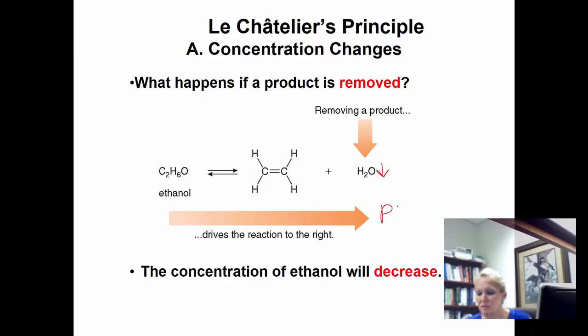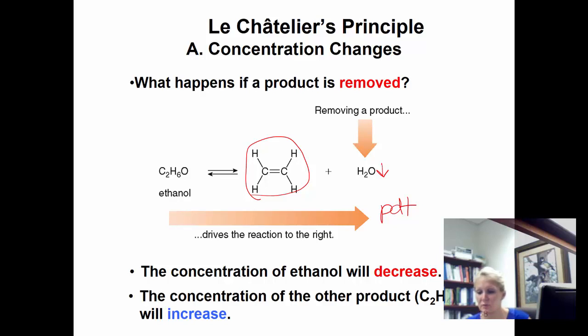It's shifting to the product side, which means you're making more C2H4, ethylene, and the ethanol is decreasing, because you're shifting away from it. So you're making more product here.